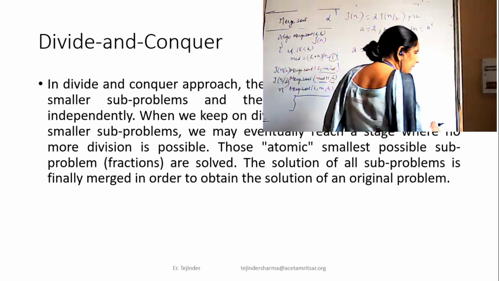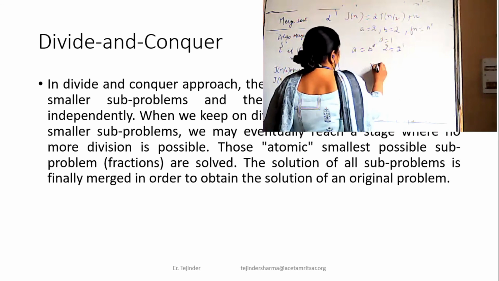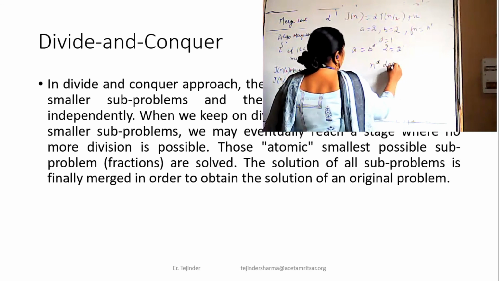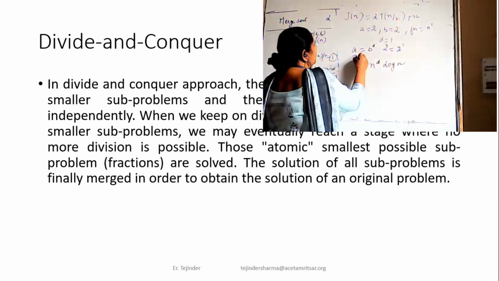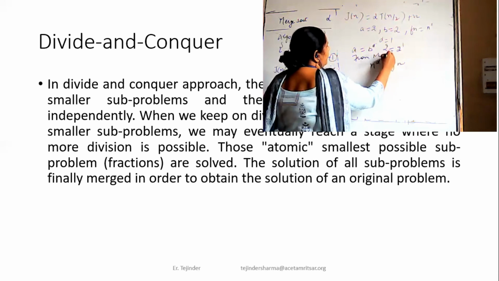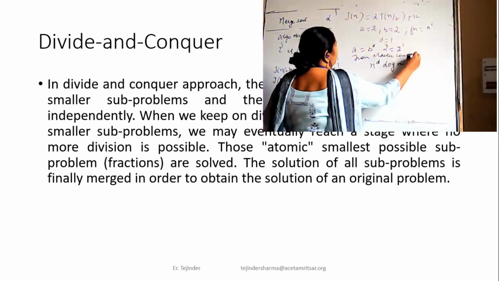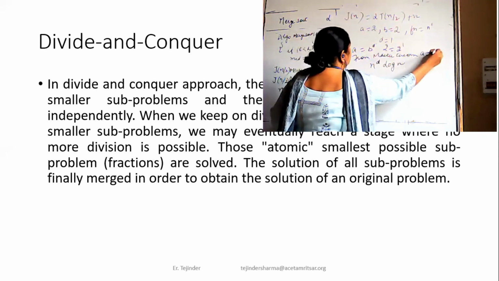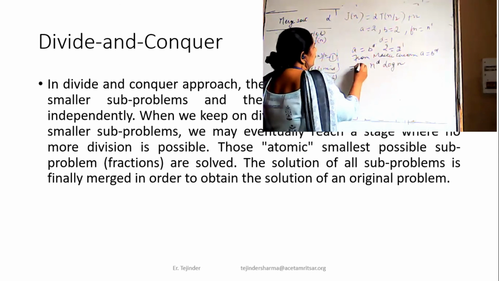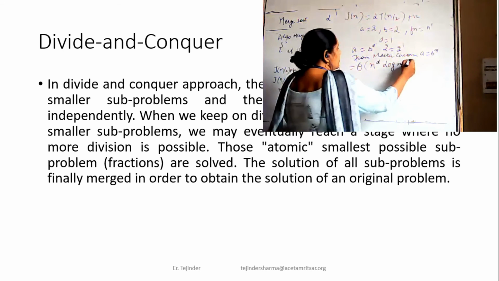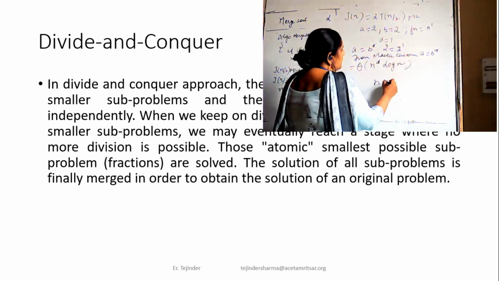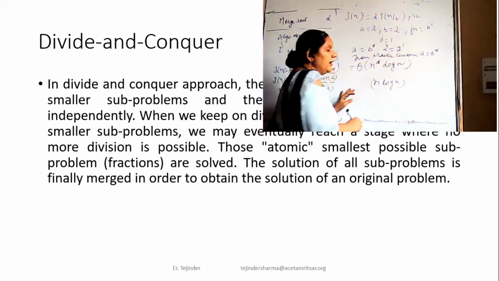From master theorem, where a is equal to b raised to power d, therefore it is theta of n raised to power d log n. So d is 1. So the answer is n log n.